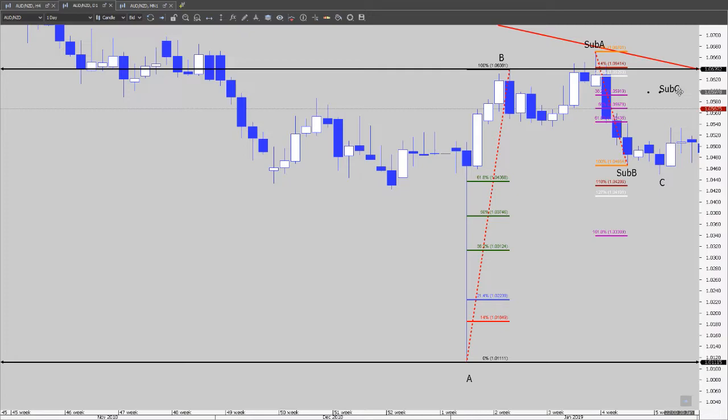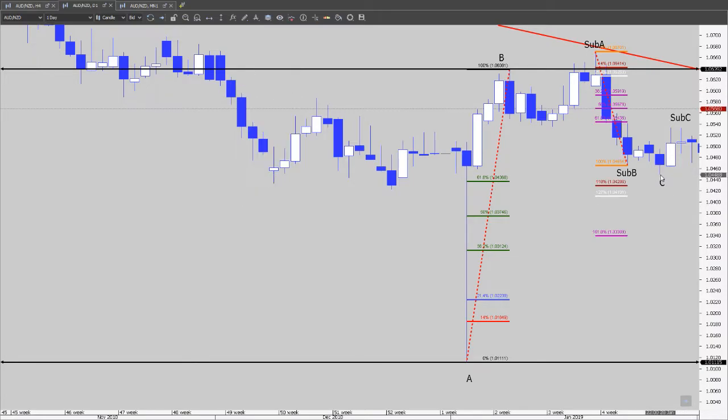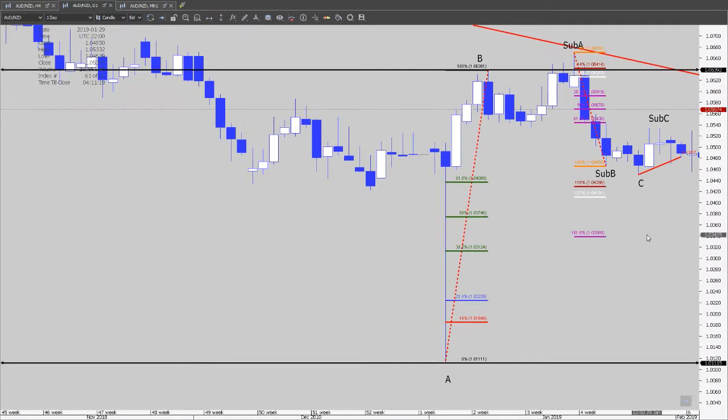The Contrarian Fibonacci is nothing else than a down Fibonacci. It's the same Fibonacci, just in the opposite direction, right? So this is going to be our sub C. If you want to short the market, you need the counter trendline break with bearish candlestick formation. So let's see what is going to happen.